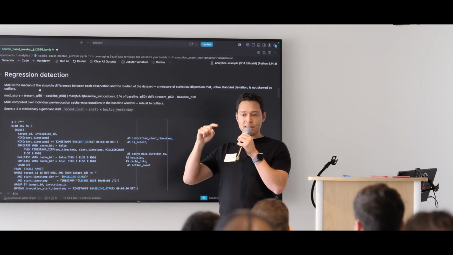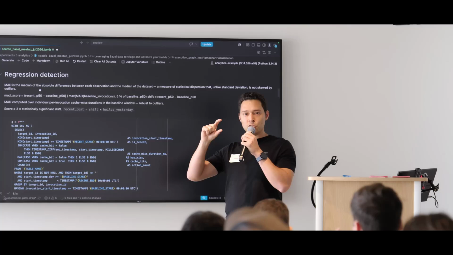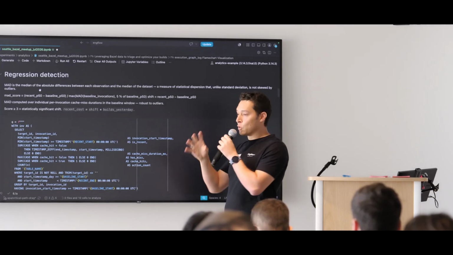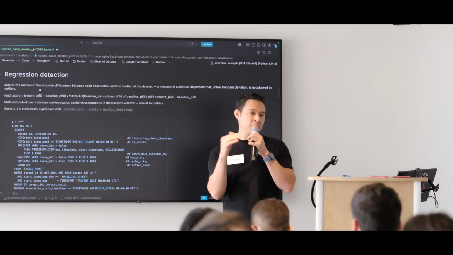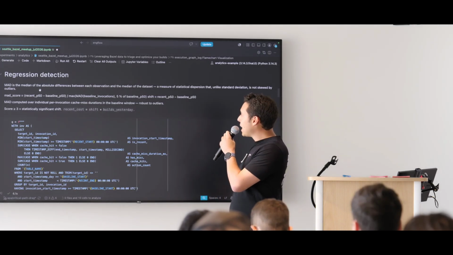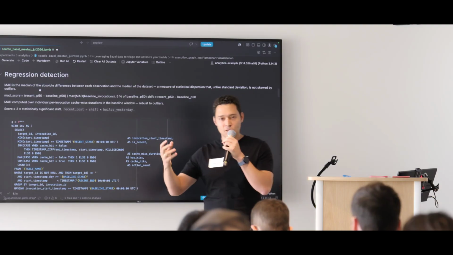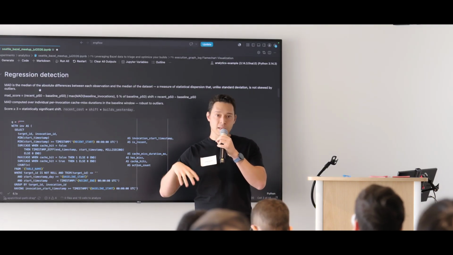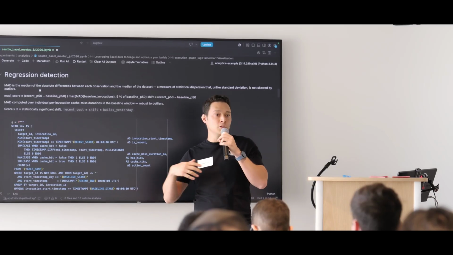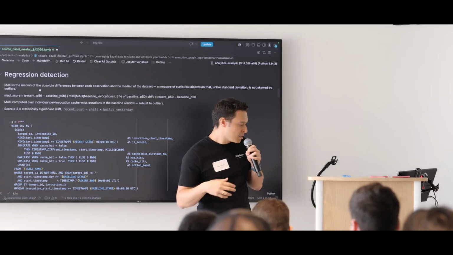Then it looks at the median absolute difference so that you don't have the problem of outliers skewing deviations, but you are looking at the actual baseline, removing the outliers from the build. And then you compare that to the recent builds that you're having. So it's like, is there anything happening today? I want to be informed. I want to get an alarm. I want to get a trigger.